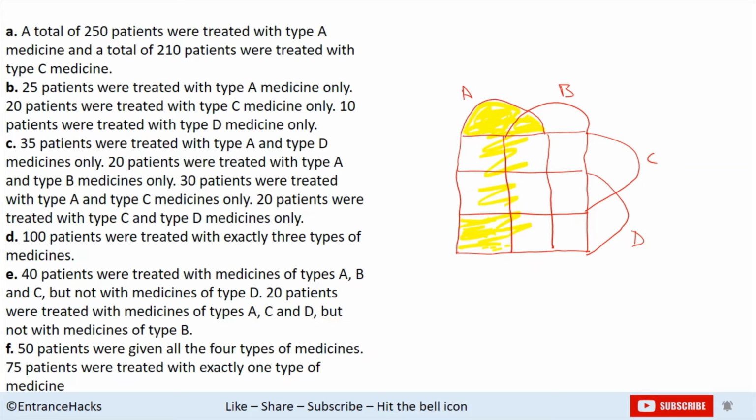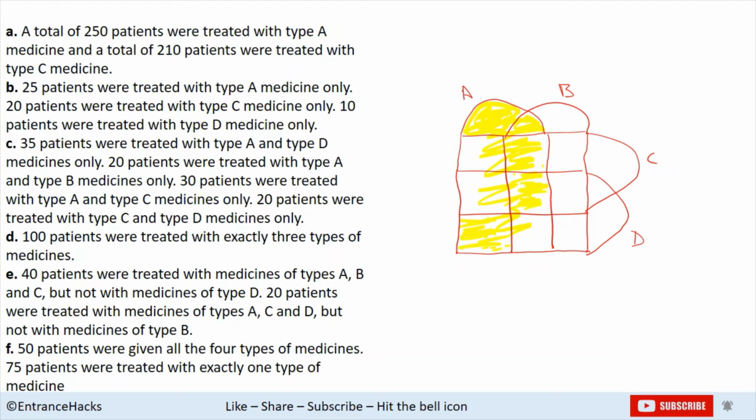Or if we are given something which is intersected by A, B, and C, we'll see the common area of A, B, and C. So the common area of A, B, and C would be these two blocks, this block and this block.